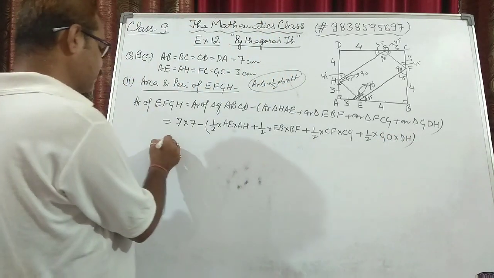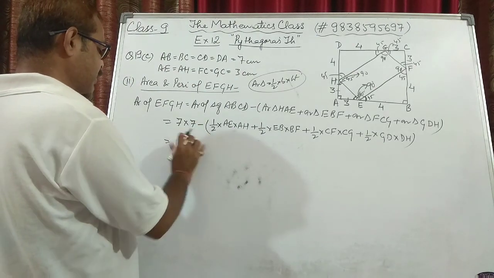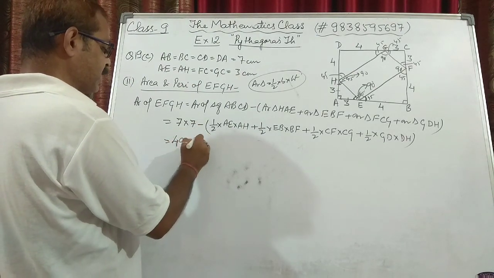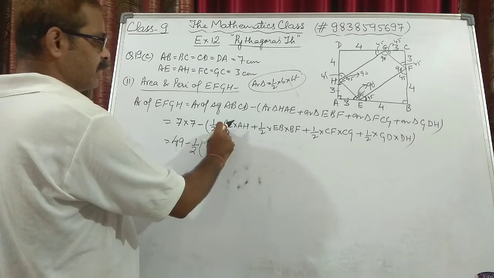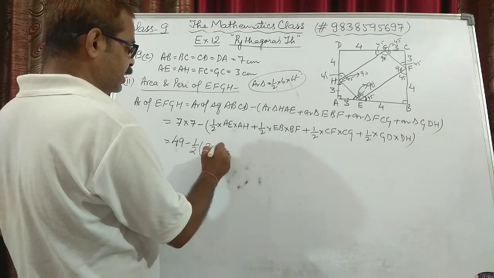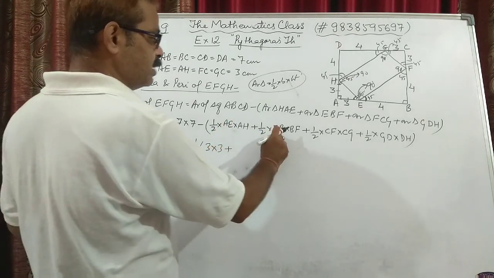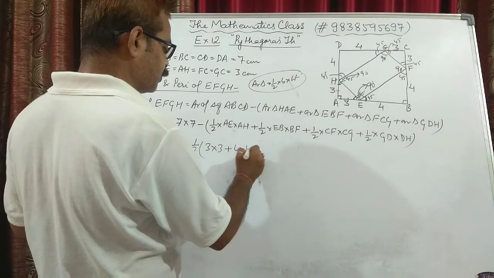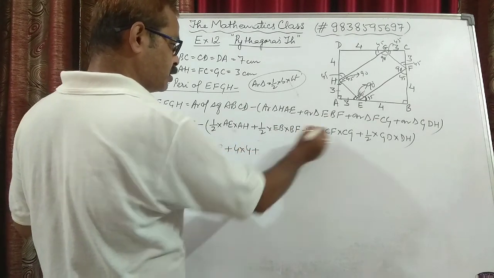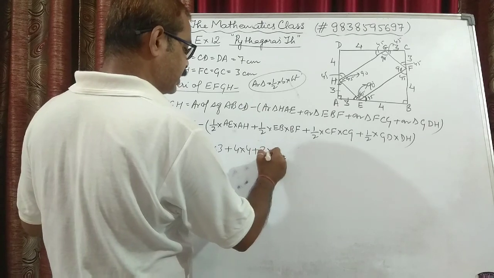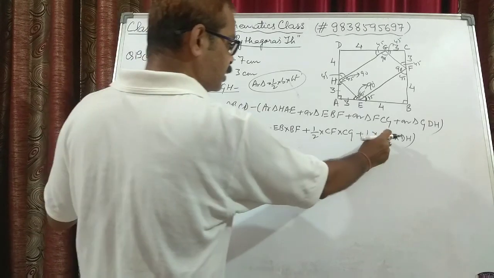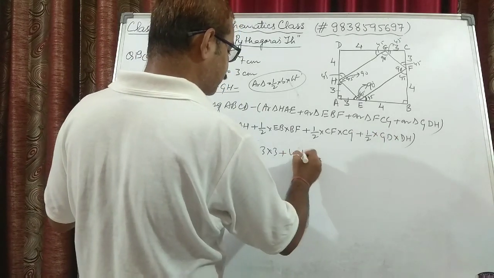Now we'll just substitute the values. 7 into 7 is 49 minus half, where I am taking common, AE into AH, that is 3 into 3, plus EB into BF 4 into 4, plus CF into CG 3 into 3, plus GD into DH 4 into 4.